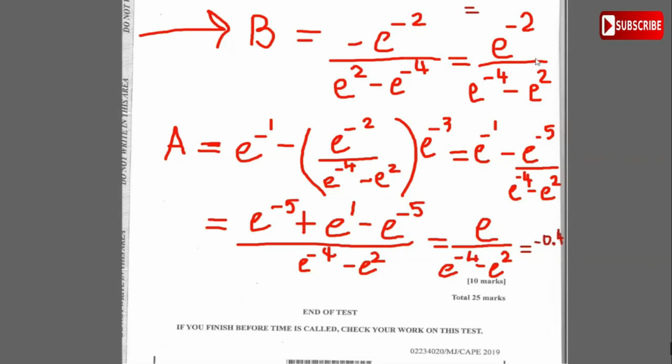And up here, I am getting e raised to the minus 4 minus e squared, and e raised to the minus 2 divided by the answer.